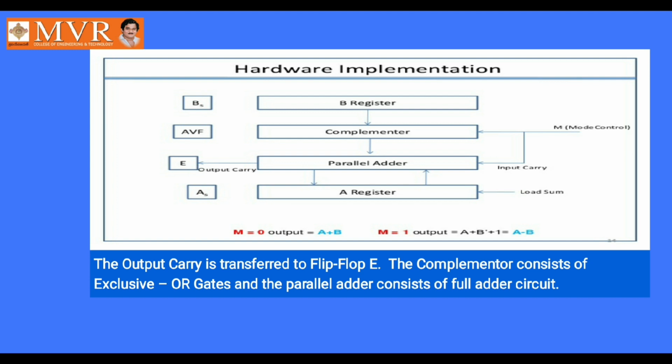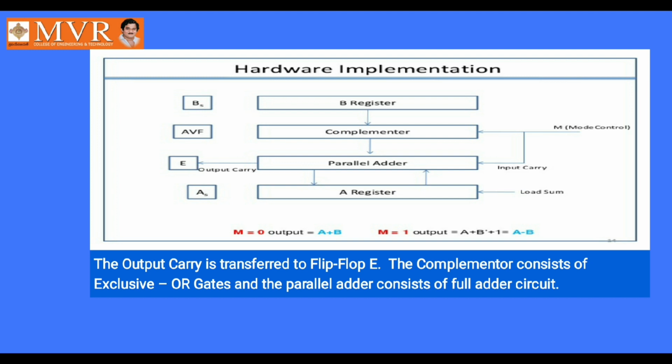This BS is used to store the sign bit of B. So if B is a positive value, that BS flip-flop will contain 0. If B is a negative value, it contains 1. In the same way, on the downside, you have the A register and AS. AS means the representation for the sign of the value A. The A register contains the actual value.